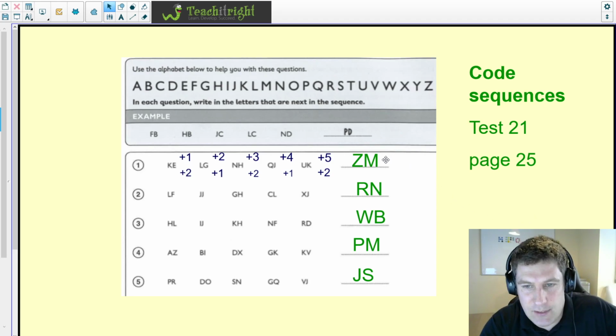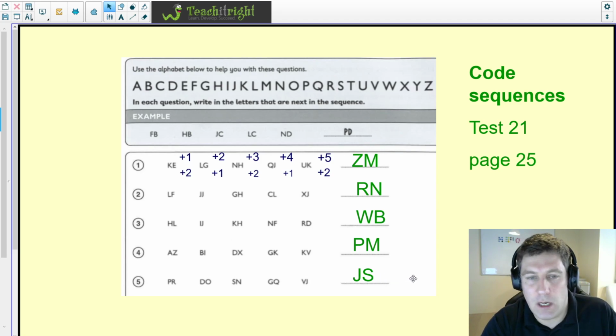As you can see down the side, I've typed in what those answers are. For the first one, I've represented the jump, so it's very clear for you to see: the first letter of each pair went +1, +2, +3, +4, +5.